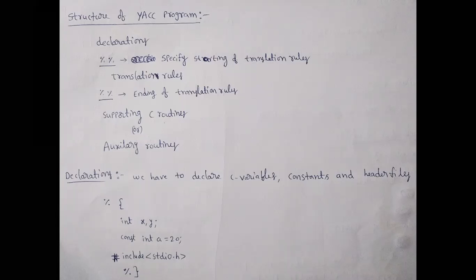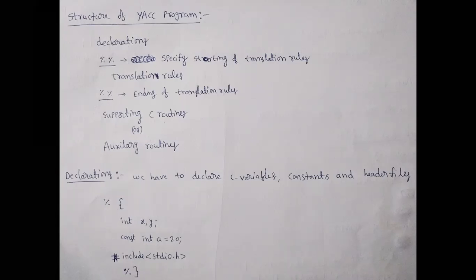The syntax for the declaration section is percentage open curly brace and percentage closed curly brace. So this is the syntax we use to specify the declaration section.